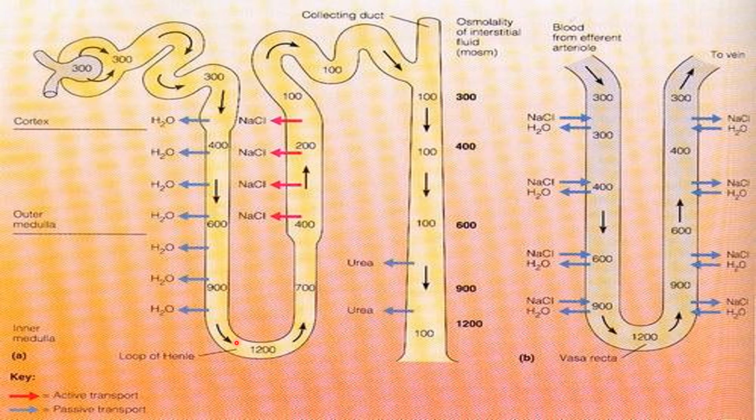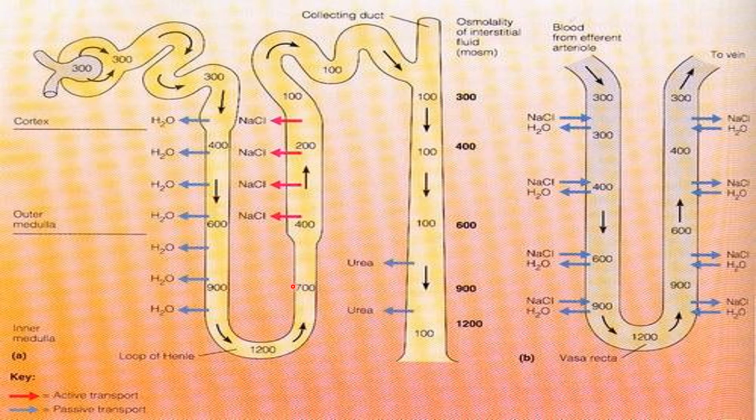But when the filtrate moves from the descending limb towards the ascending limb of the loop of Henle, remember that no aquaporin proteins are present in the ascending limb. Aquaporin is a special type of protein which helps in the movement of water. But as there is no aquaporin protein in the ascending limb, the water cannot be moved out or reabsorbed from the ascending limb of the loop of Henle.